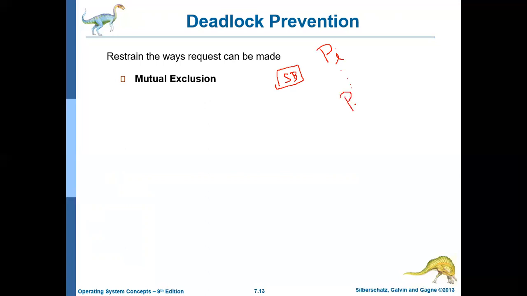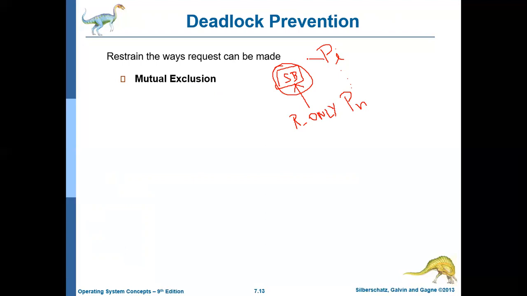Okay, but assume that this shared resource is a read-only file, that is, a file on which the process can perform only a read operation. They cannot write to it. In that case, you need not follow the concept of mutual exclusion.